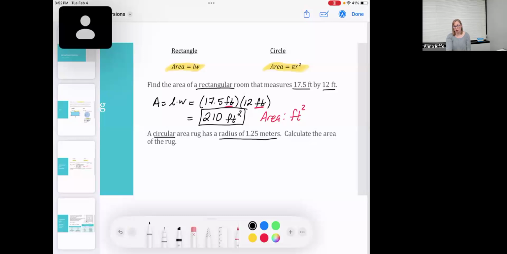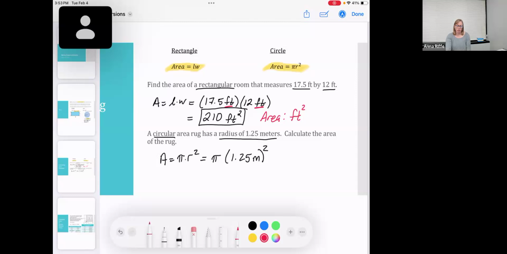We want to calculate the area of the rug. Since we're dealing with a circle, we're going to use that pi times r squared formula. We know what r, the radius, is. It's 1.25. I will include my meters, and that is squared.